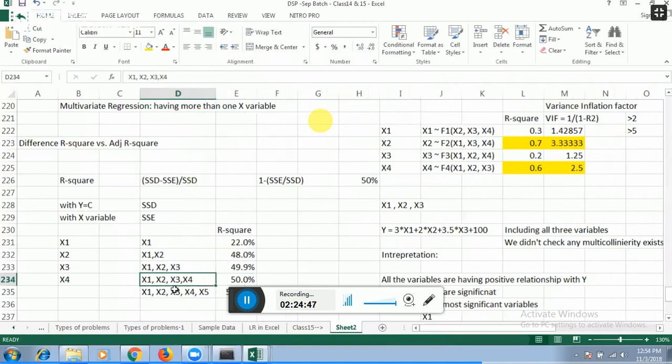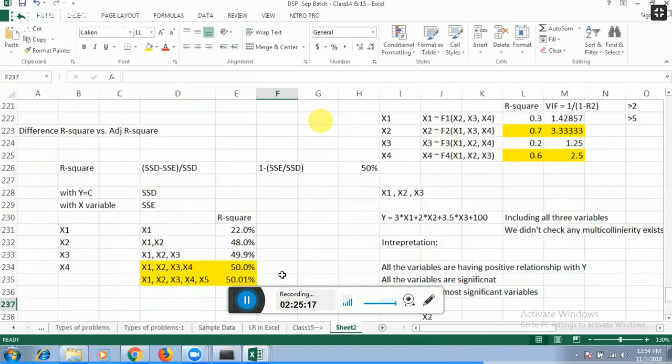By including the x5 variable, do you see any kind of improvement? It is just a 0.01% improvement. So what indirectly I'm saying is, by including more variables, do you see a significant improvement in your R square? Actually, adding the x4 and x5 variables is not contributing much to your model. Okay, that is the first point you should keep in mind.